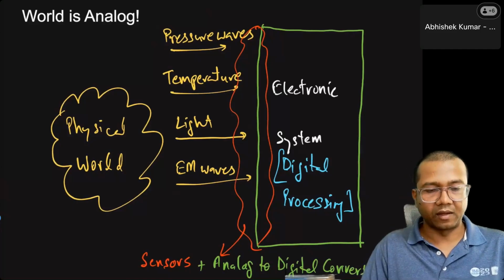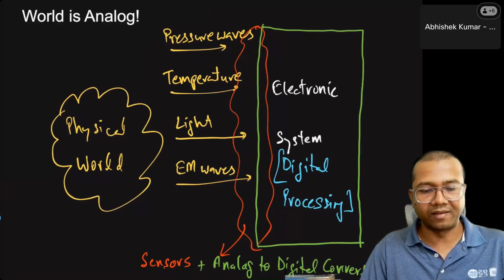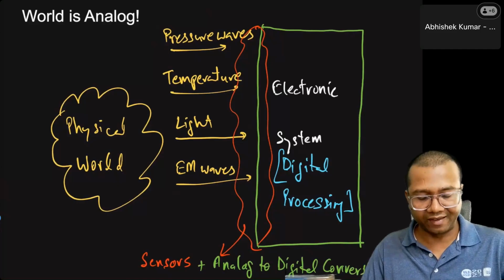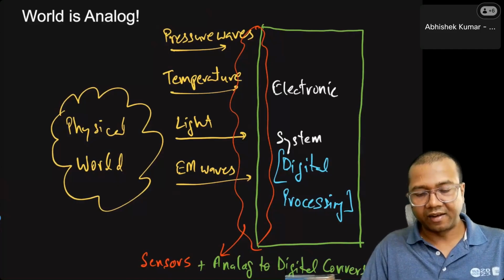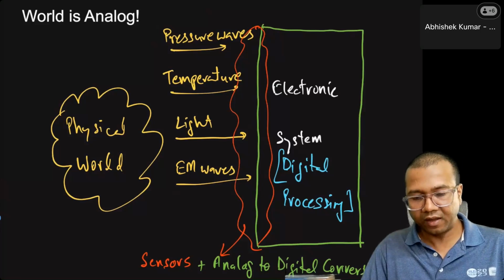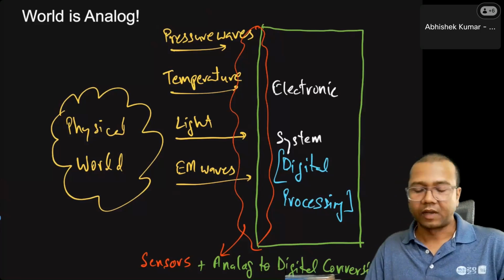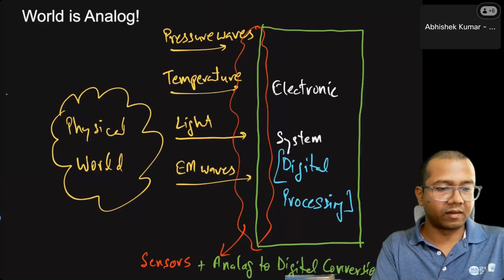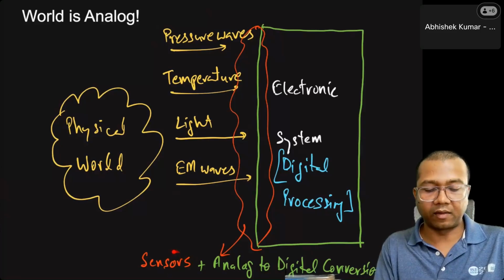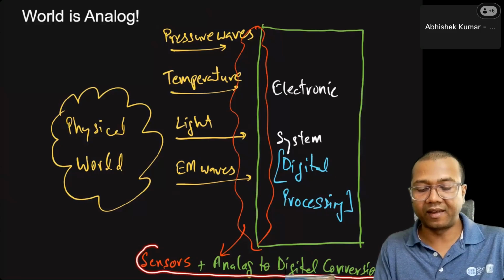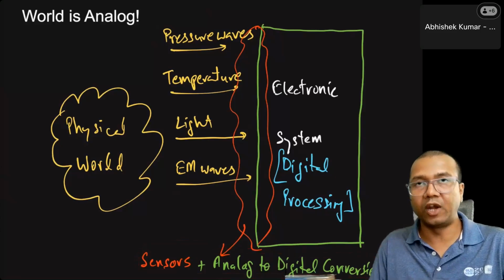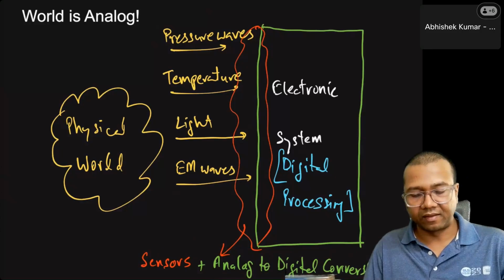You take signals from the world, and all the signals, the physical quantities, are analog in nature. You convert into electrical domain using sensors. Then these electrical signals, which are again analog in nature, need to be digitized. Okay, and to be able to process all the signals and to be able to convert into digital domain, you need to do the signal processing in analog domain. So the ICs which are going to do this processing have to be predominantly analog in nature.